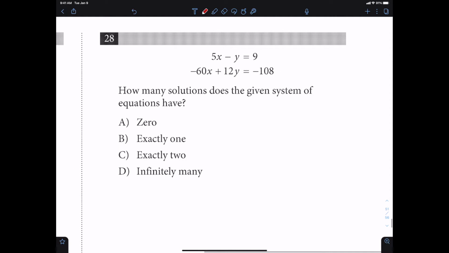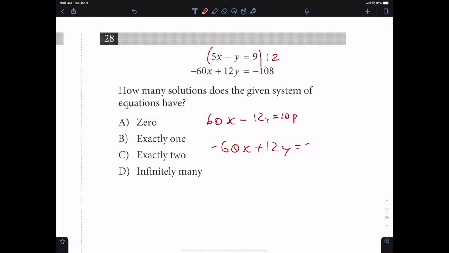How many solutions does a given system of equations have? Okay, so if we multiply this line by 12, we get 60x minus 12y equals 108. And then our bottom one is negative 60x plus 12y equals negative 108.